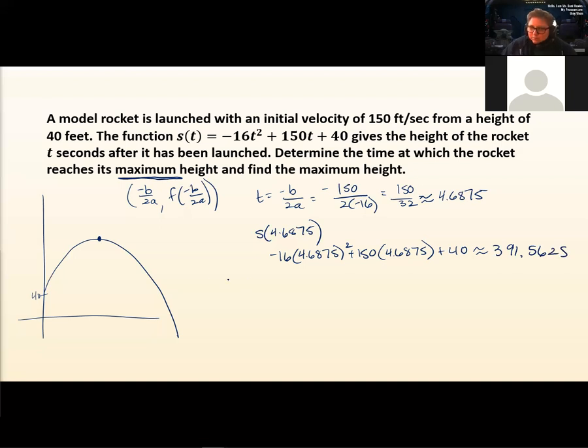Yeah. So the vertex itself would be the 4.6875. I want to make sure I'm writing it right. 391.5625. But our answer, because it wants to know the time it reaches the height and the height. So it reaches the max height of 391.5625 feet.